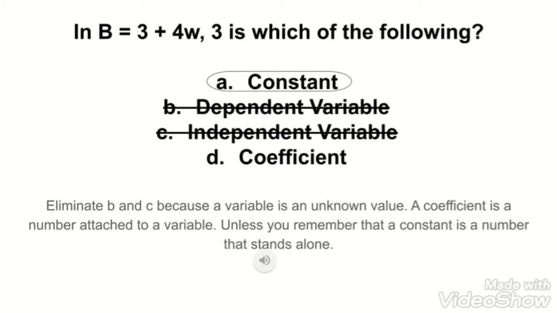It's a constant. 3 standing by itself is a constant. Any number standing by itself is a constant. It's an integer. Yes, along those lines. What's a coefficient? A coefficient is a number and a letter together. 4w is a coefficient.